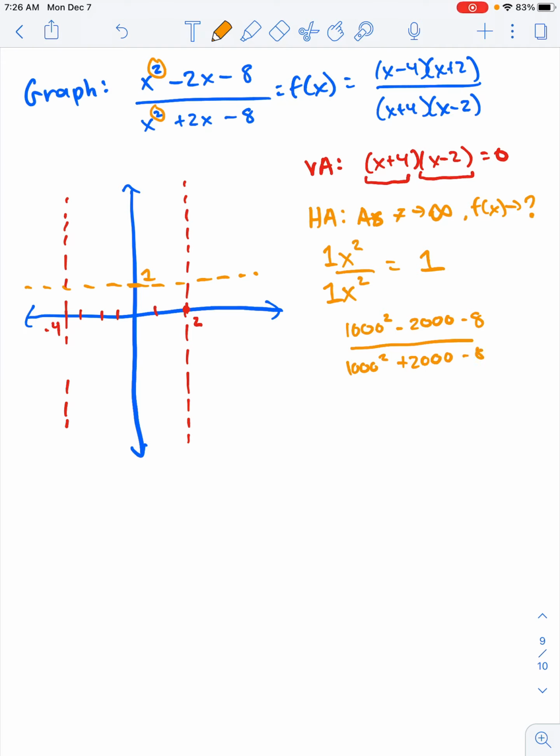And since 1,000 squared is some huge number, this part is really small in comparison, so it doesn't really matter. And say we went to 1,000,000 instead of 1,000, this part really wouldn't matter in comparison to when we square our original x. So then we're really just looking at these terms, which are the same. So that's how it equals 1.